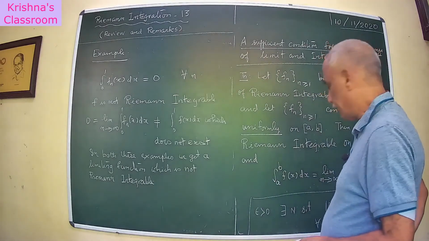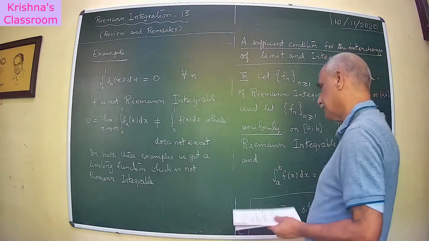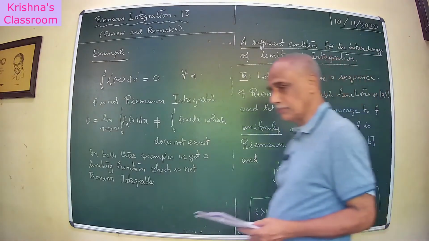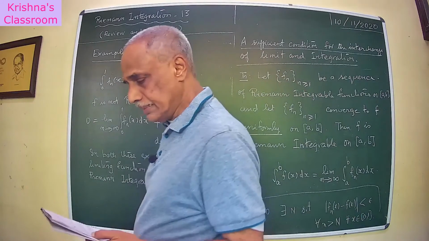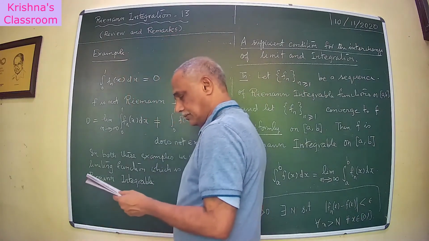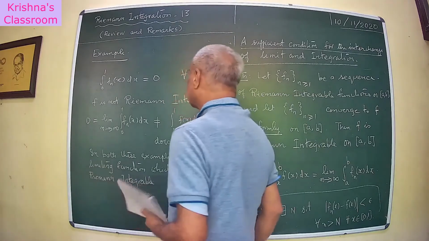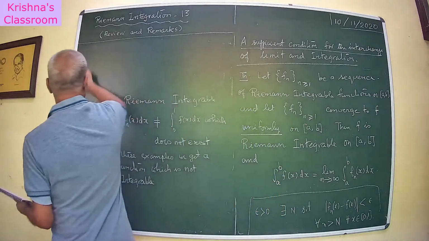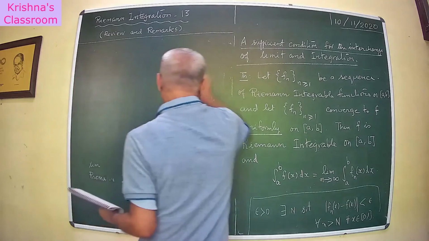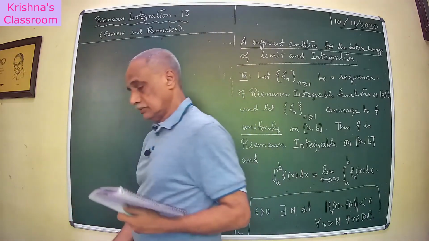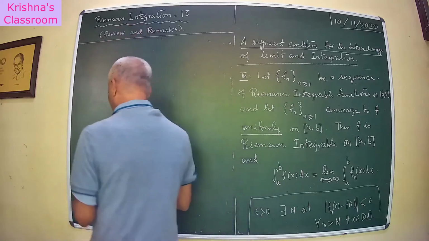Still you can prove this result. Okay, so check this one, the uniform convergence. So in both these cases, this will happen. So we just list out the outline of the proof of this theorem, and then stop.